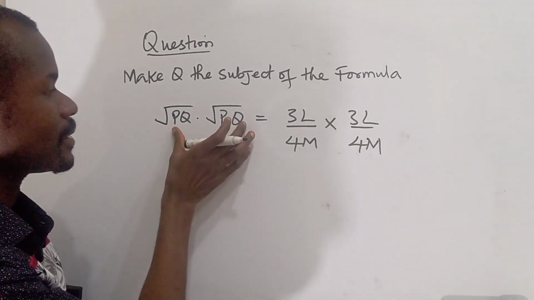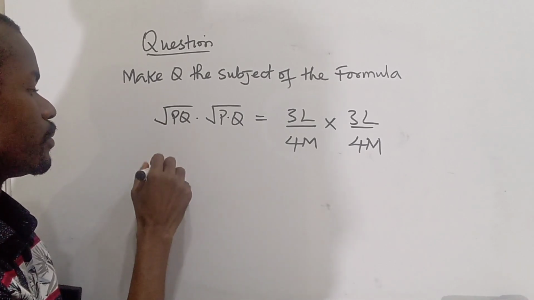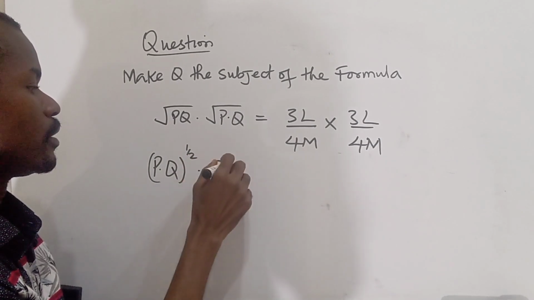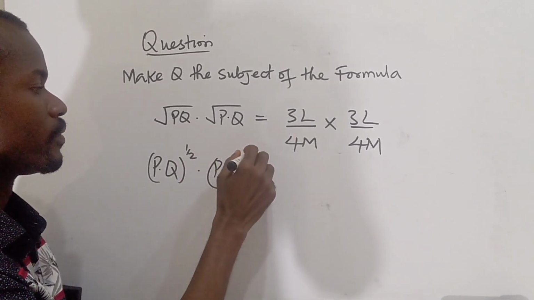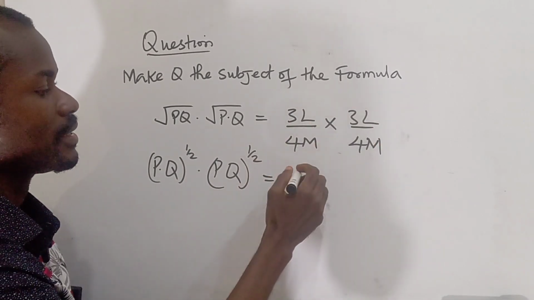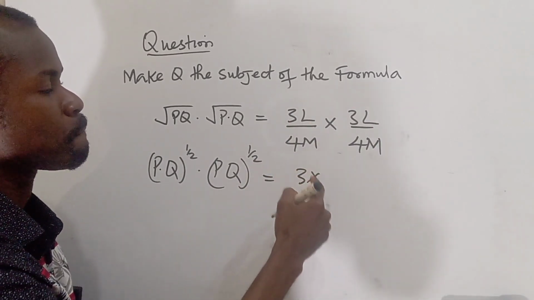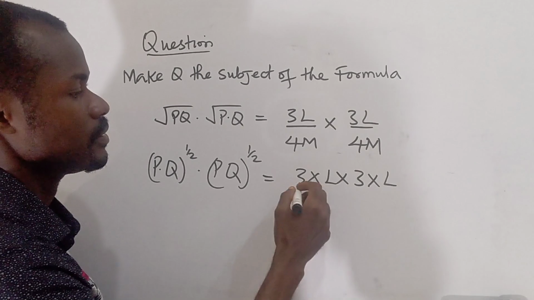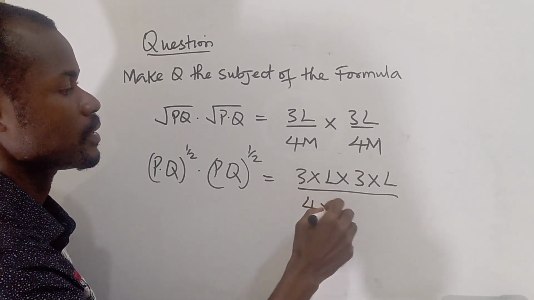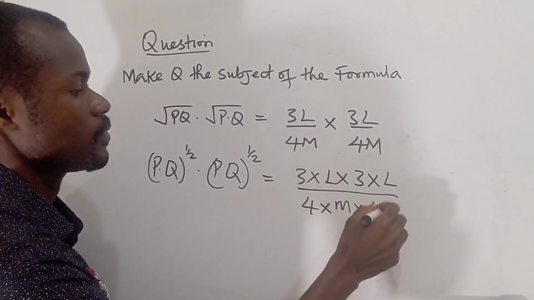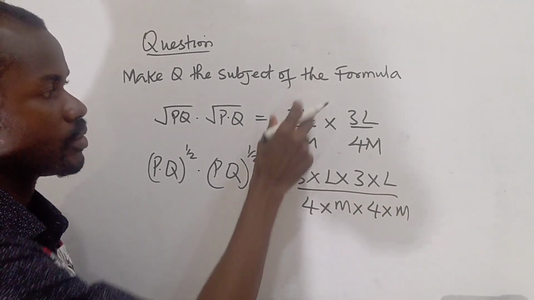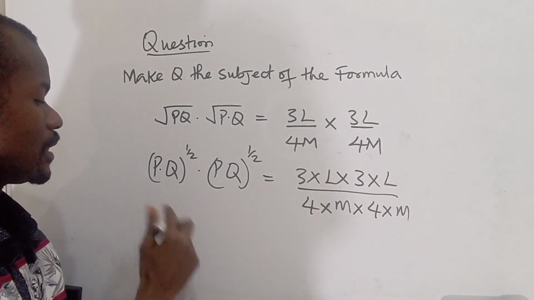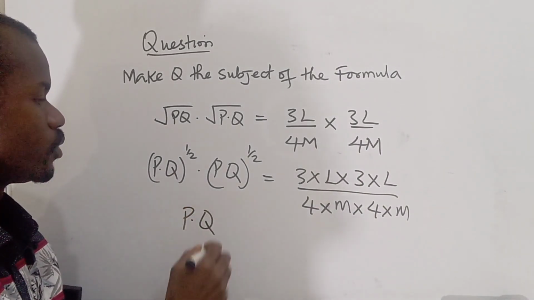Now for this part, I can write this as P multiplied by Q raised to the power of half. We can write this as 3 times L times 3 times L divided by 4 times M times 4 times M. So this multiplied by this and this multiplied by this. So for this, we have P, Q.